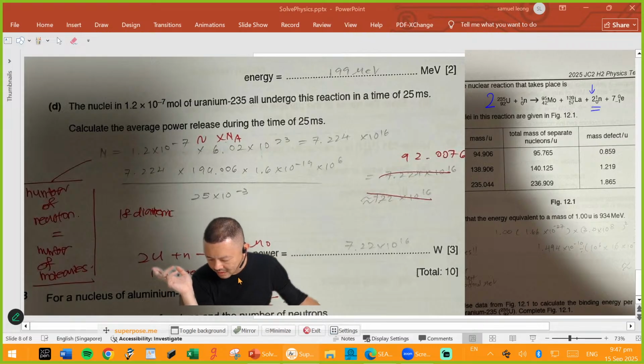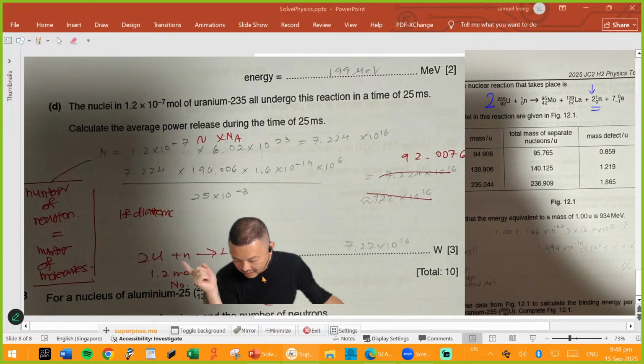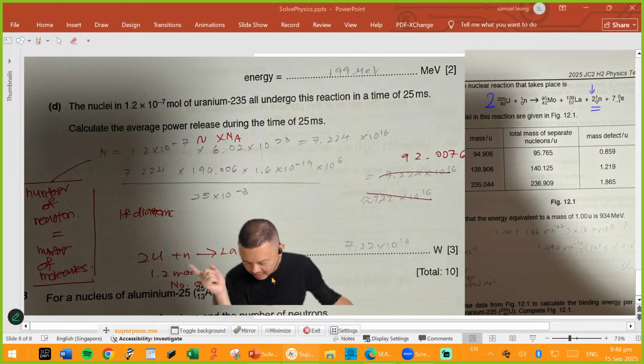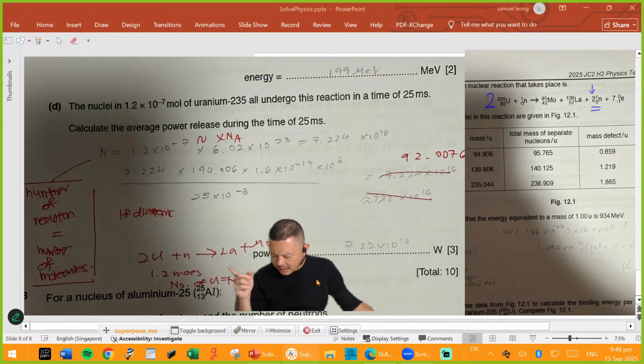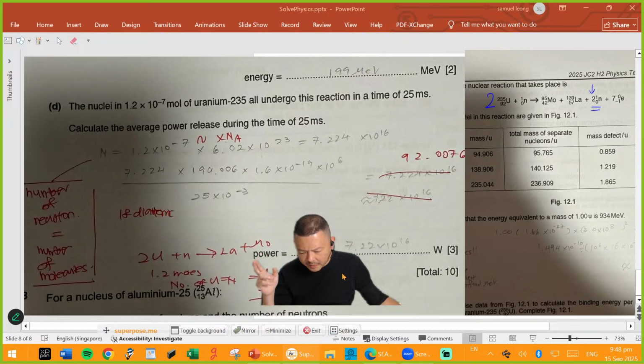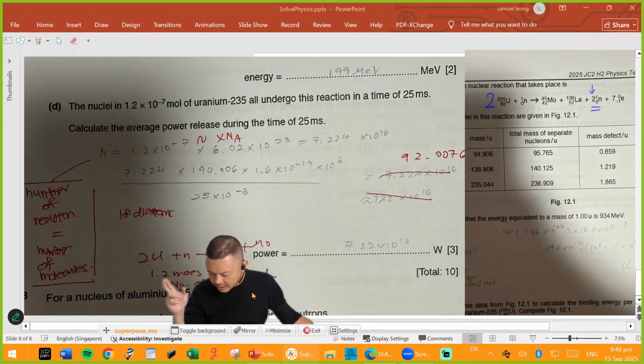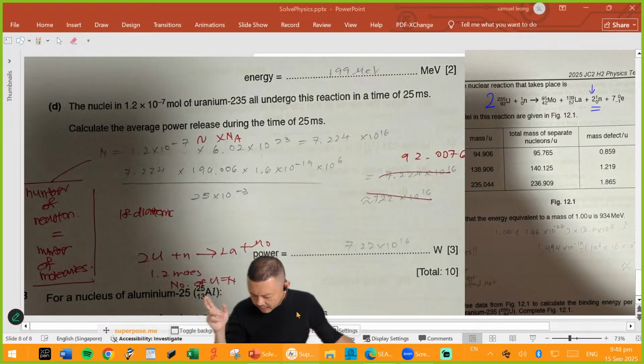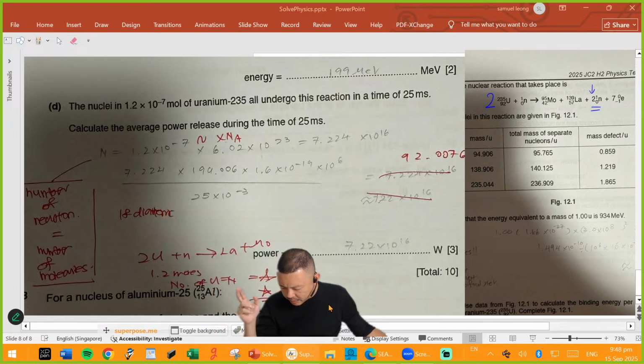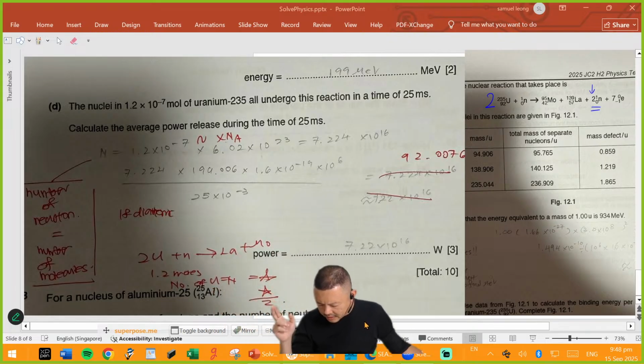So this is in case there's a 2 in front of the U plus N. And then you're saying that it gives you lithium and molybdenum. And if it's the same 1.2 moles, 1.2 times 10 to the power. Okay, so the number of U is equal to the number of N is equal to star, then star divided by 2.